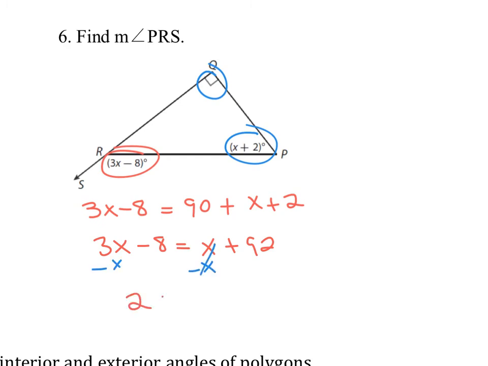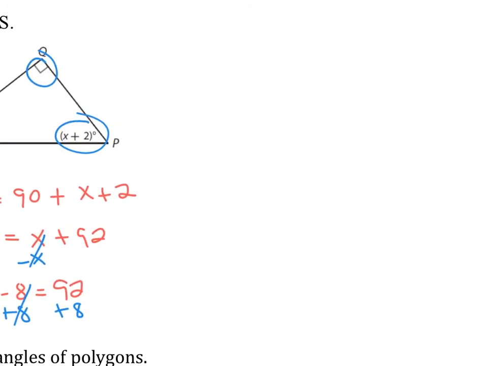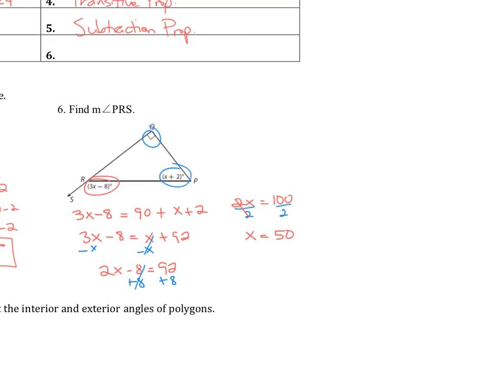So we have 2x minus 8 equals 92. Add 8 to both sides. So 2x equals 100. Divide by 2. X equals 50. Now does the problem say to find x? No, it says to find angle PRS.